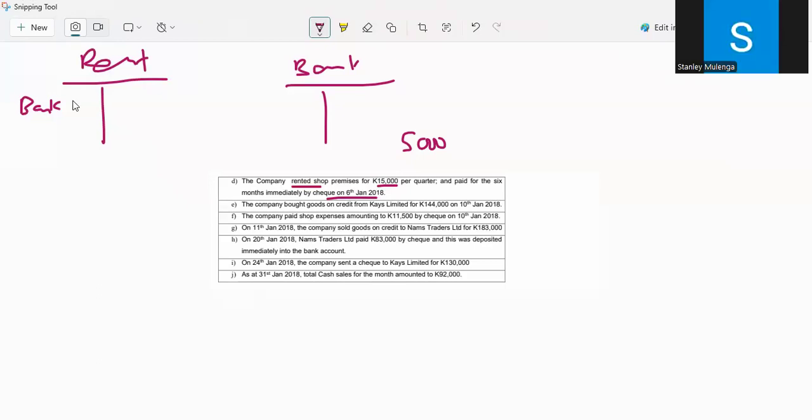So meaning we paid how much? 30 here. And then here we're going to say rent 30,000. You understand where 30 is coming from, right? Yes. So how much we actually paid was 30.